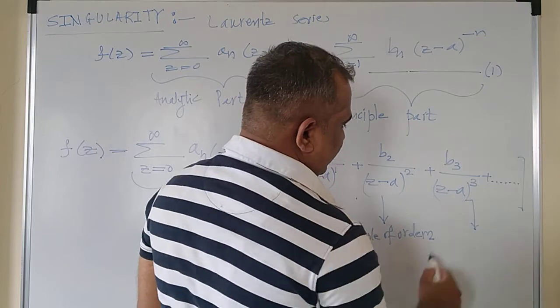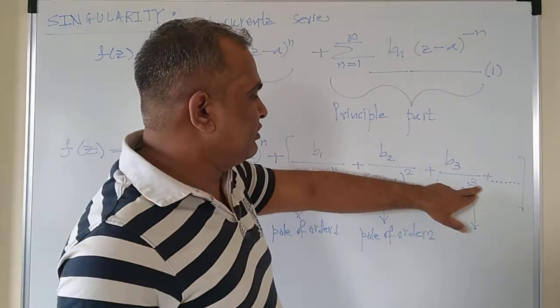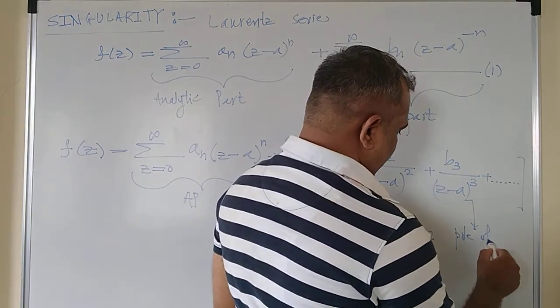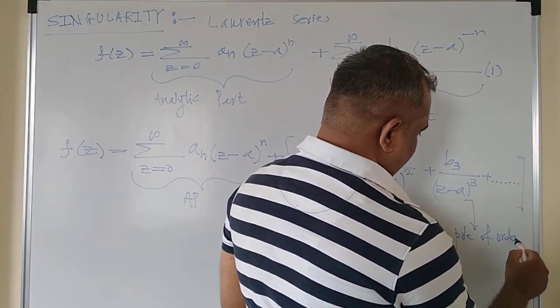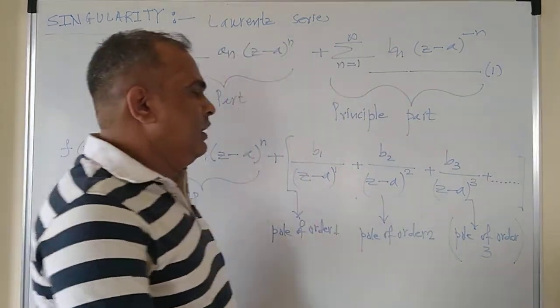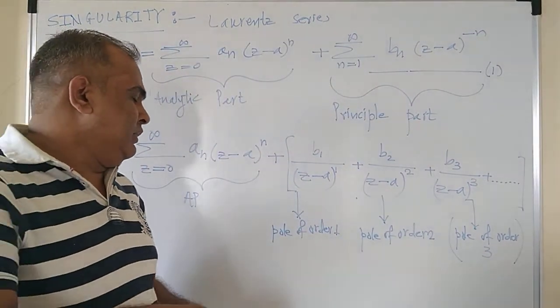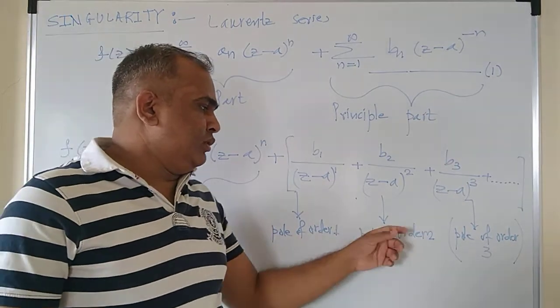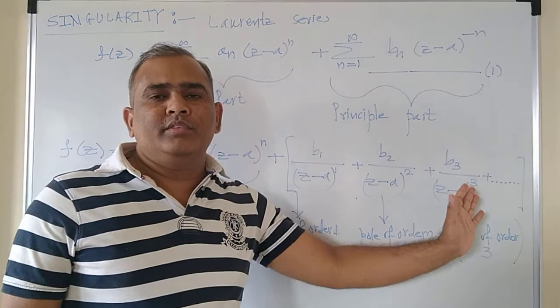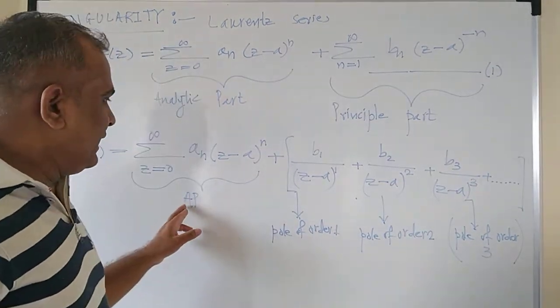And this third term has order 3, therefore it is called a pole of order 3. So I hope you have understood the meaning of pole of order 1, pole of order 2, pole of order 3, non-terminating terms, principal part and analytic part.